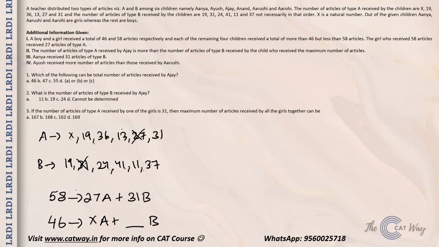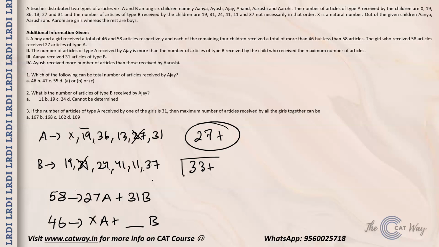For 19, if you have to make it more than 46, you have to take a number which is 27 plus. Whereas for the person who has received 13 articles, you need a number that is 33 plus.